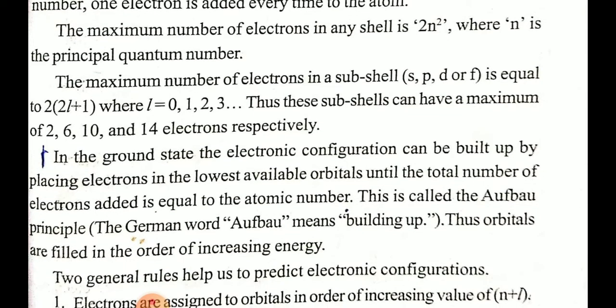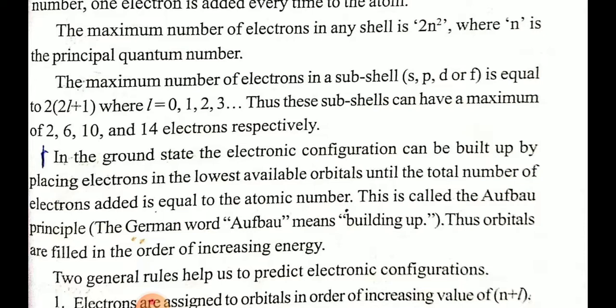The ground state electronic configuration can be built up by placing electrons in the lowest available orbitals until the total number of electrons added is equal to the atomic number. This is called the Aufbau principle. In the German language, Aufbau means building up, starting from the lower level.